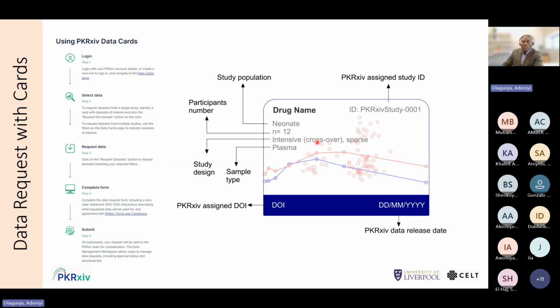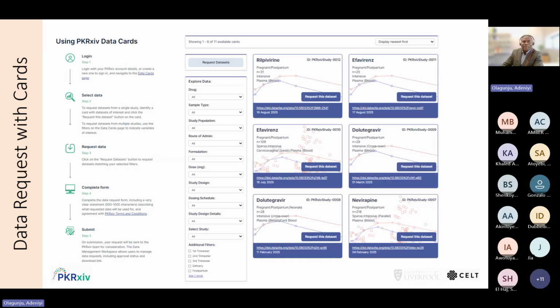If a data card looks like this, it is a combination of intensive and sparse, right? If this intensive PK profile is not there, it means it's only sparse, right? So again, it's a really nice way for you to have a quick way of visualizing so that you can determine whether this is what you need or not.